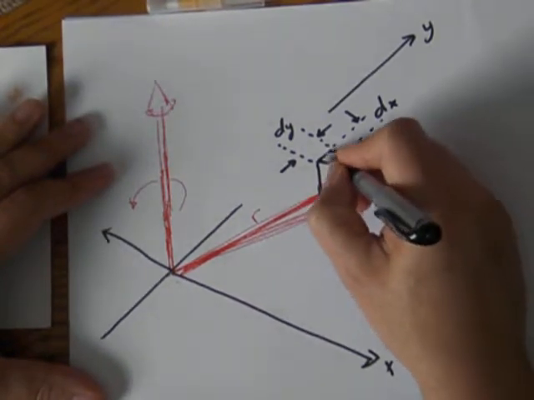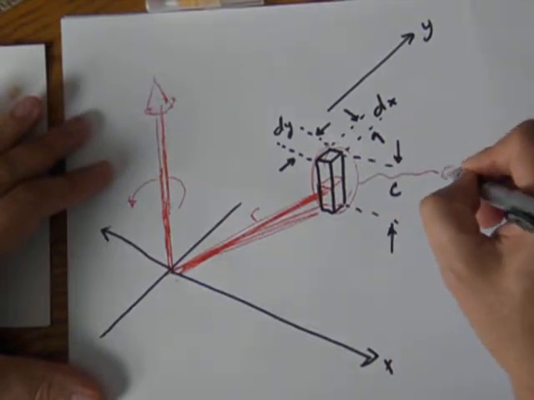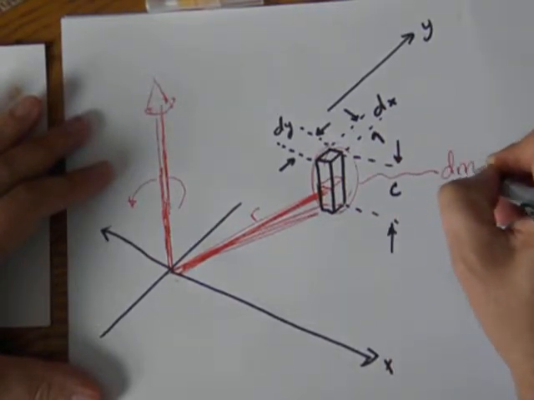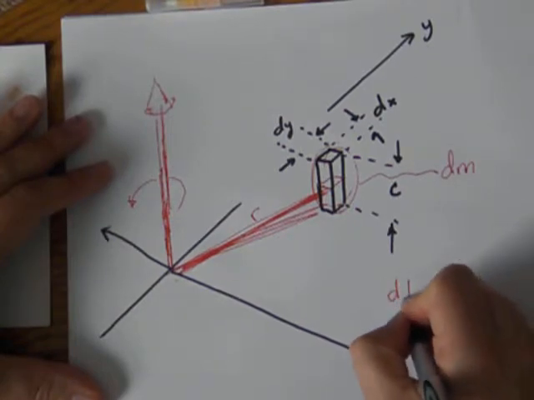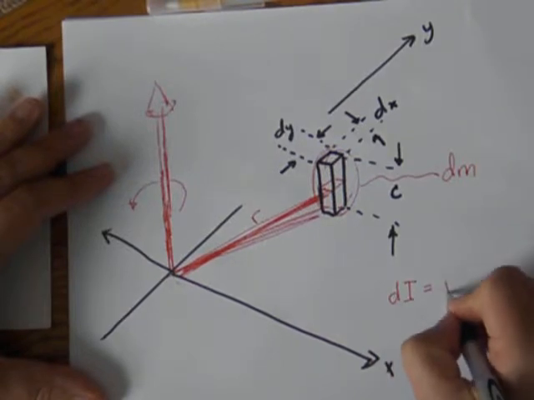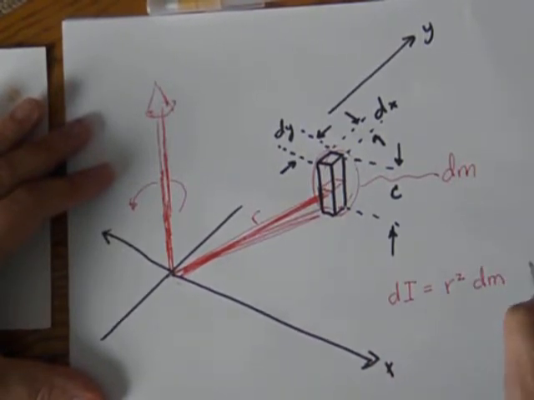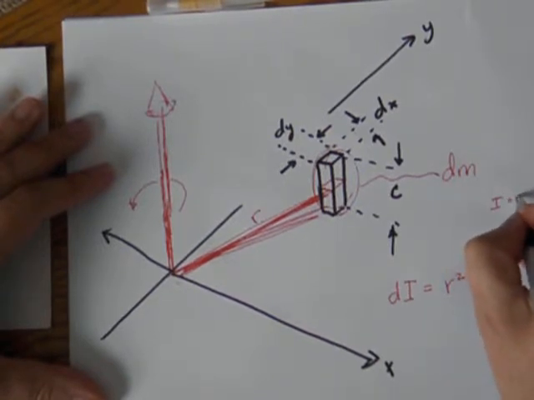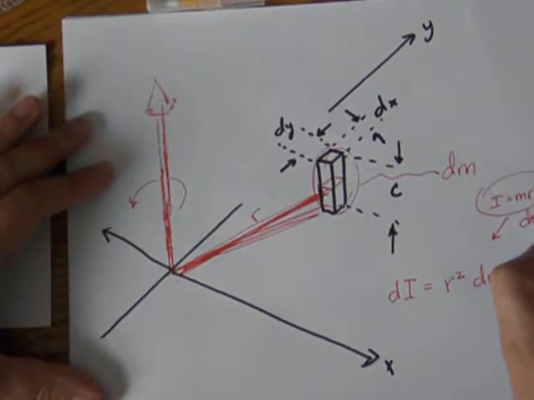So this is going to be our point mass, and since it's infinitesimally small, we're going to call that dm. So using our definition, a very small inertia about this axis is going to equal its distance squared times the mass. And again, remember, I've just reversed mass and distance squared, but this is coming from the definition.